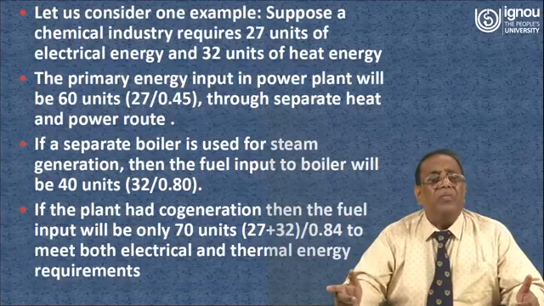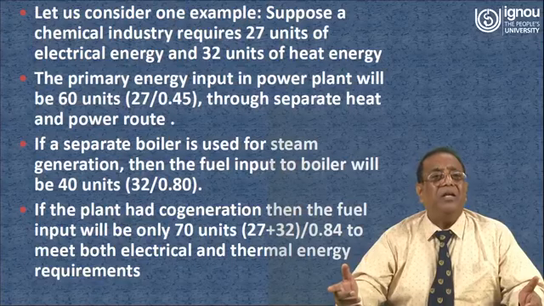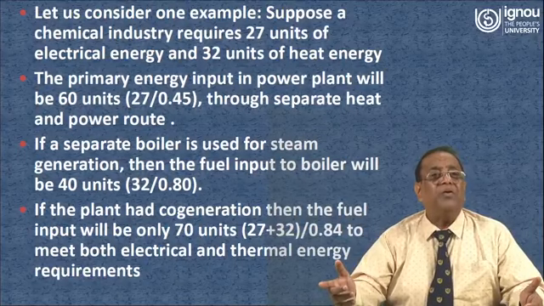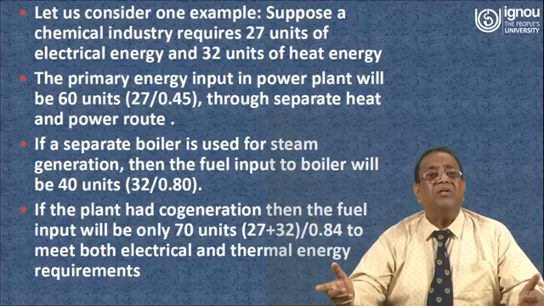Now, whatever we have discussed, I am repeating with one more example. Suppose a chemical industry requires 27 units of electrical energy and 32 units of heat energy. The primary energy input in the power plant will be 60 units, as we discussed earlier.